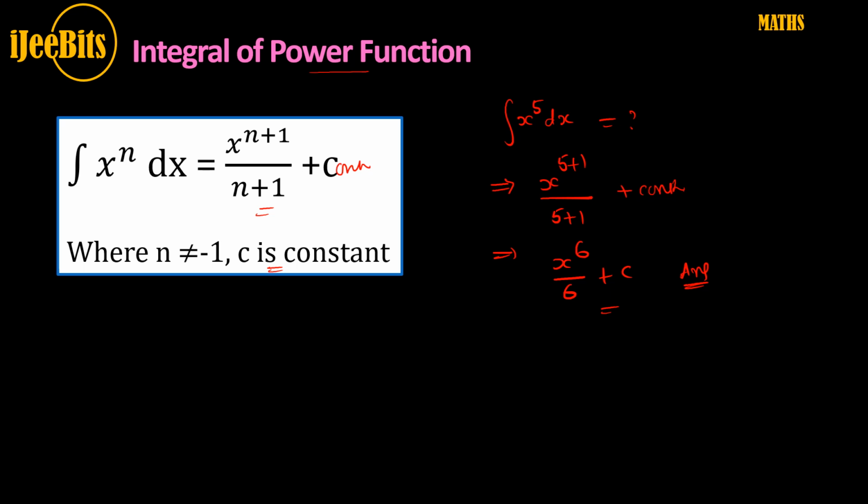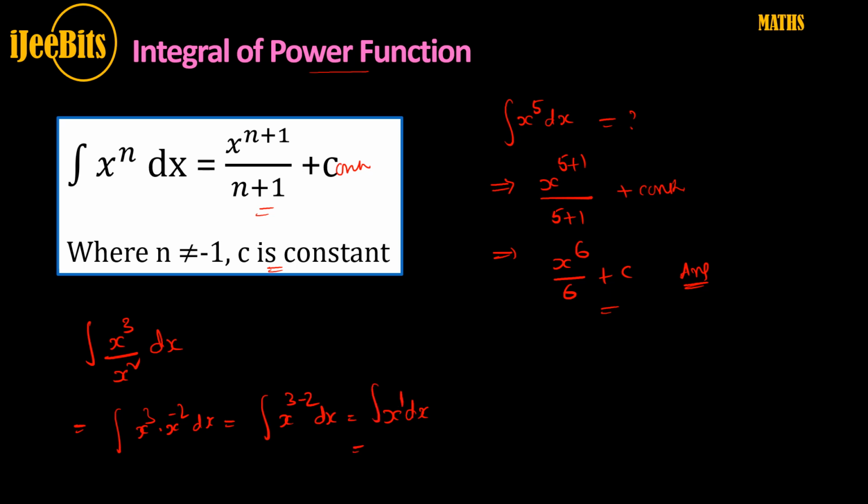Good. So likewise, I think you can solve many problems. Let's say I have one more problem statement: x to the power of 3 by x to the power of 2 dx. This is nothing but integration of x to the power of 3 into x to the power of minus 2 dx, which is x to the power of 3 minus 2 dx, which means x dx, like x power 1.